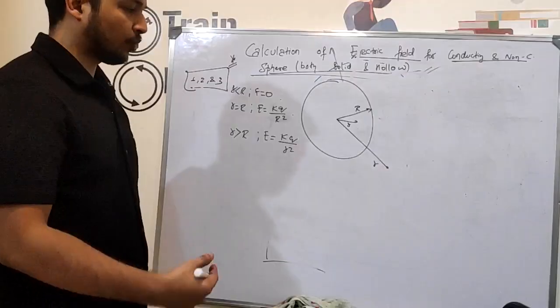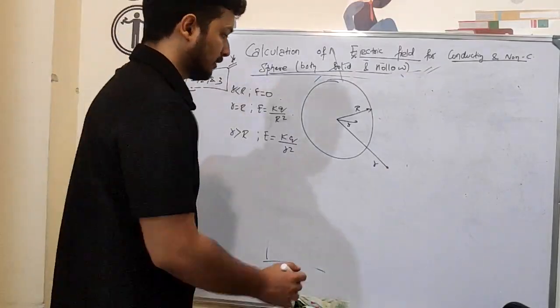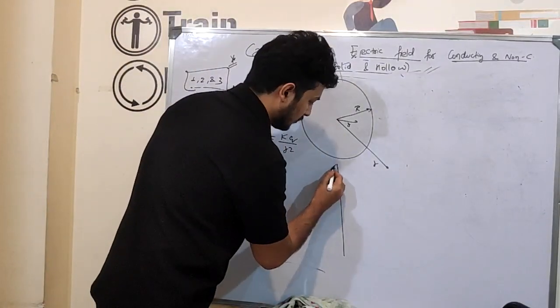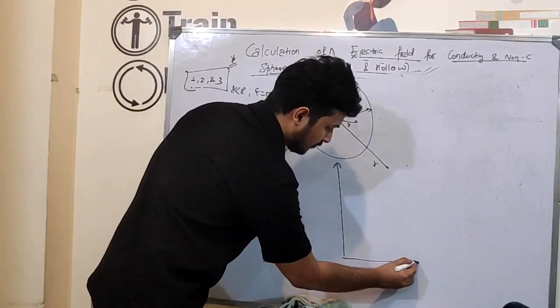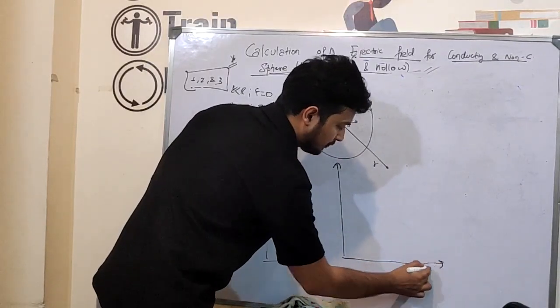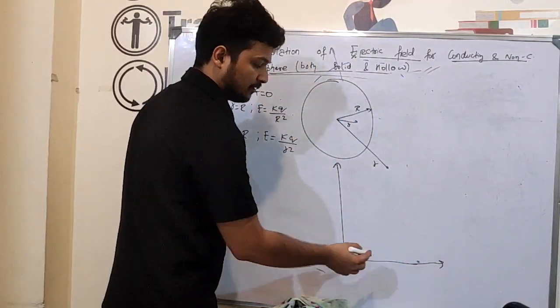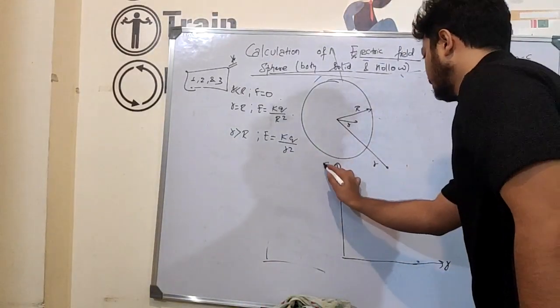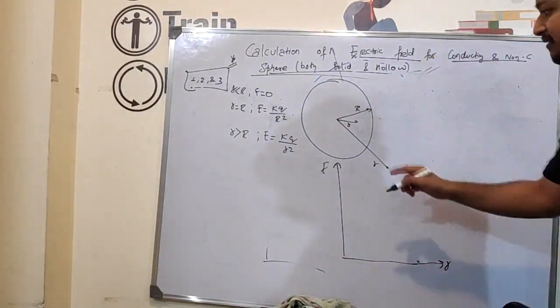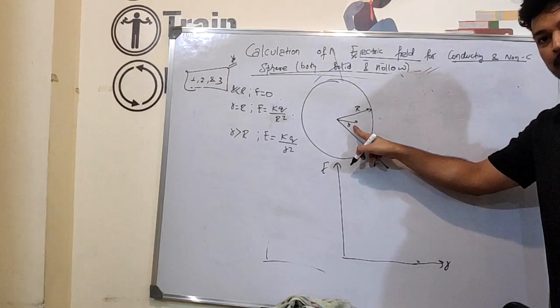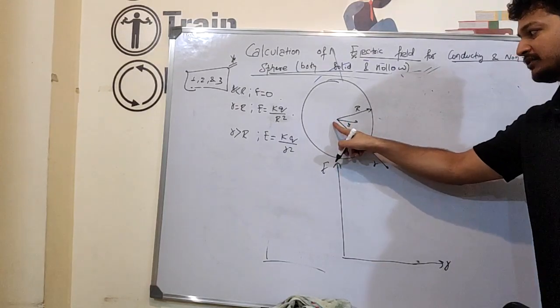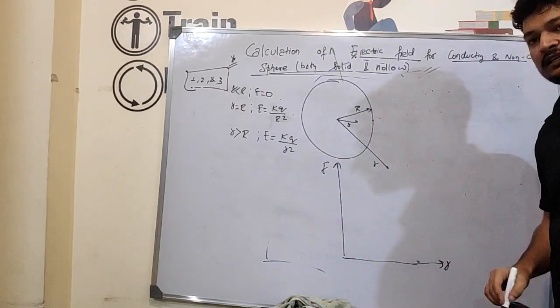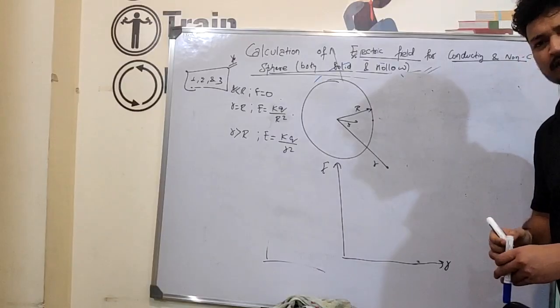So if we plot the value of electric field, say this is my axis for electric field, and this is the distance r. Inside, the electric field will be 0, and it will be 0 from the center to the point which we are calling the surface.